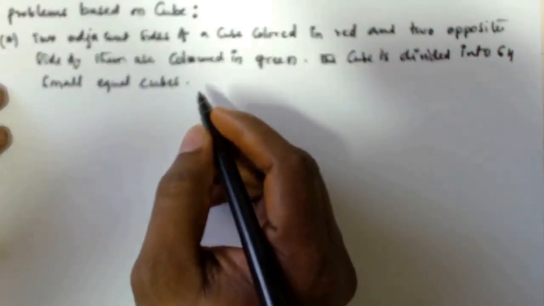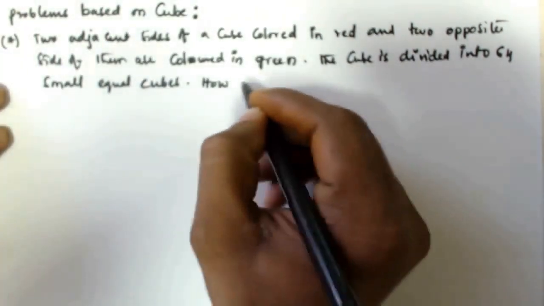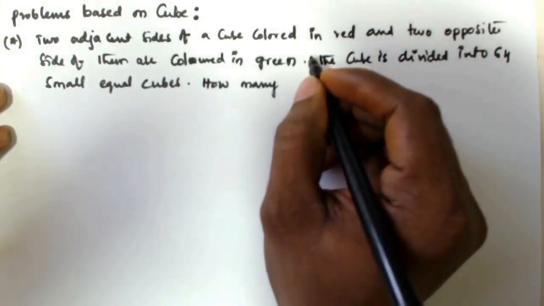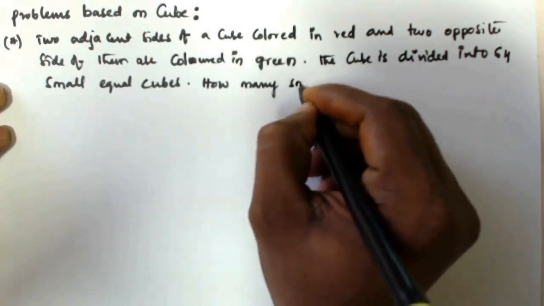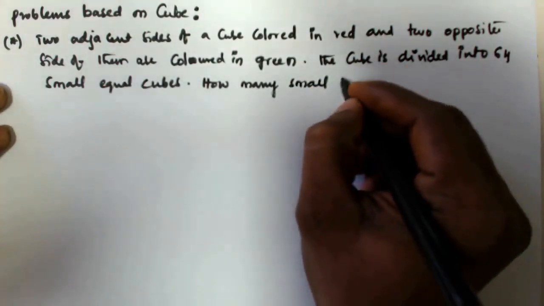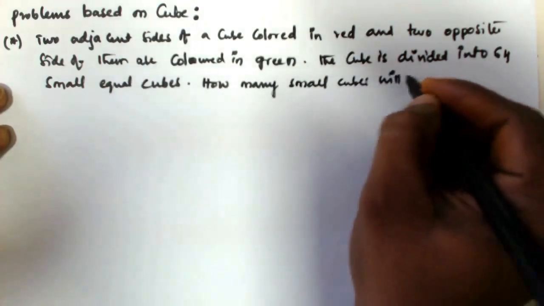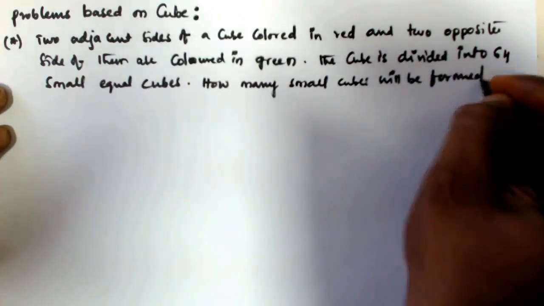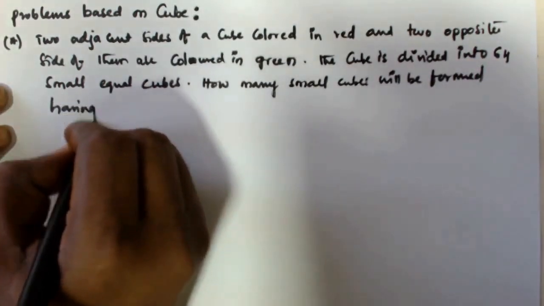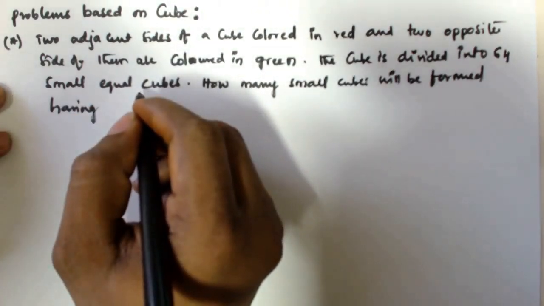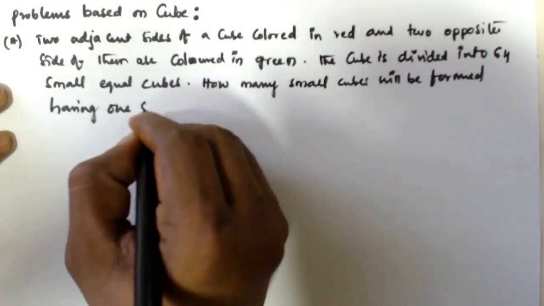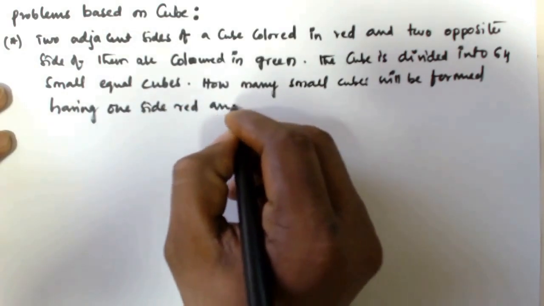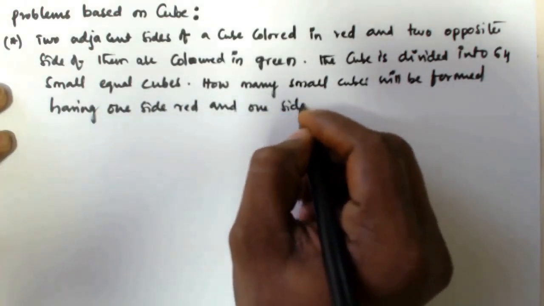Then the question is, how many small cubes will be formed having one side red and one side green?